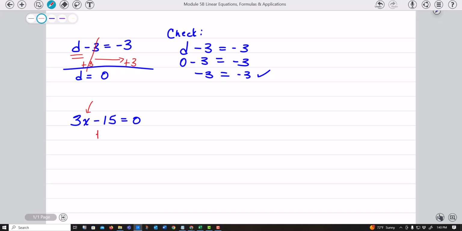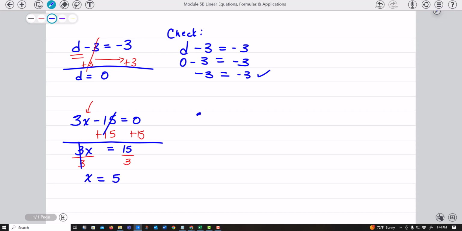So the first thing I see is I could add 15 to both sides, because that's going to get rid of that. And now when I have a 3 times x, to get it off that x, I would divide both sides by 3, because notice what happens, 3 over 3 just becomes 1x, and I get 5.